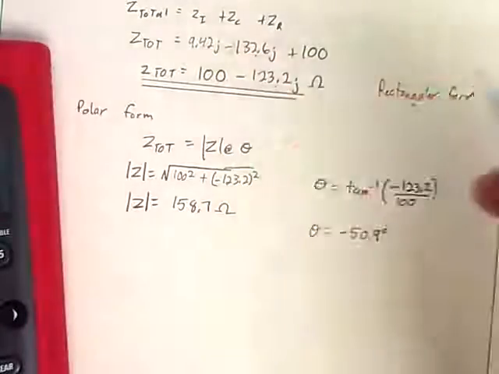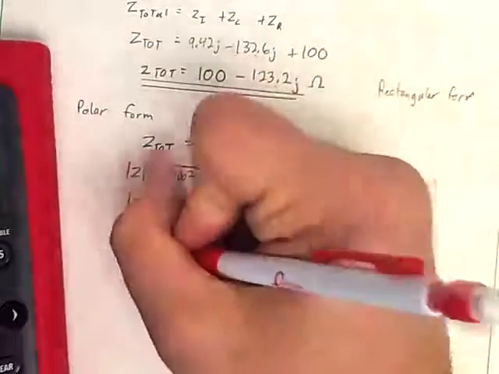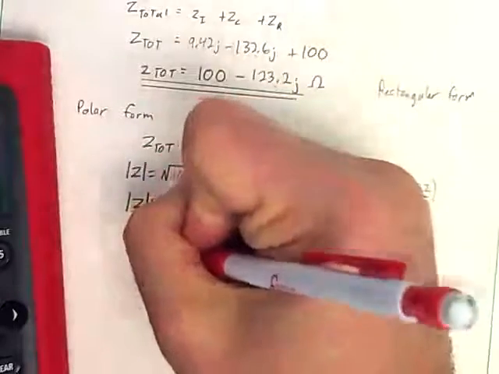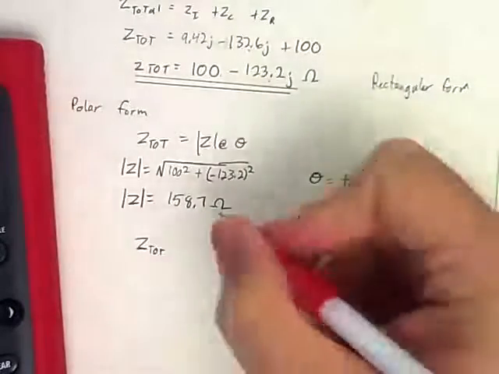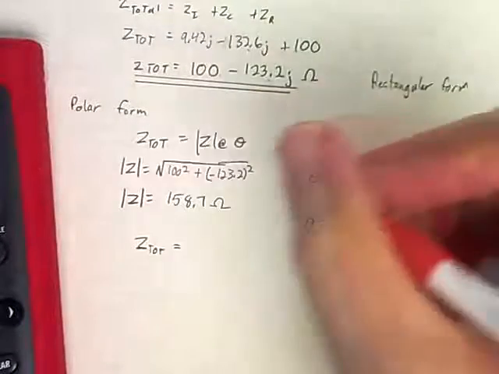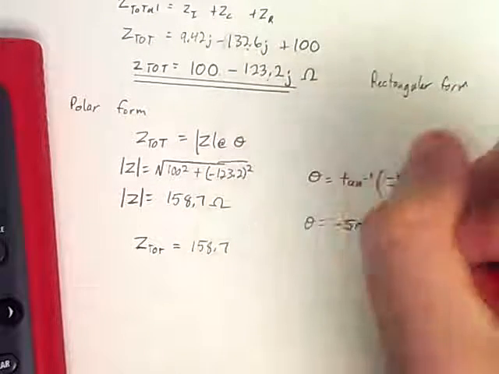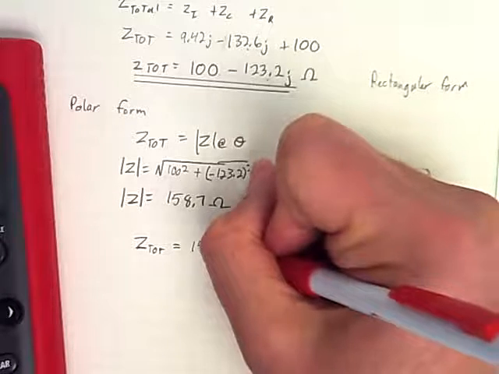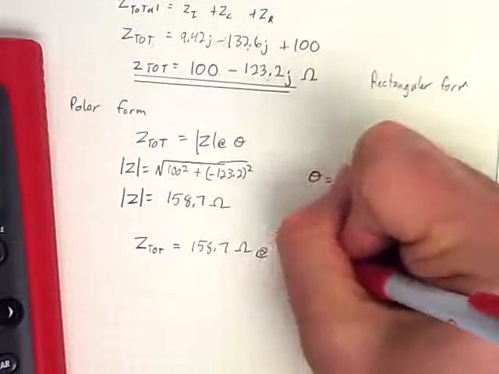And so we can say that in polar form, Z total is equal to 158.7 ohms at negative 50.9 degrees.